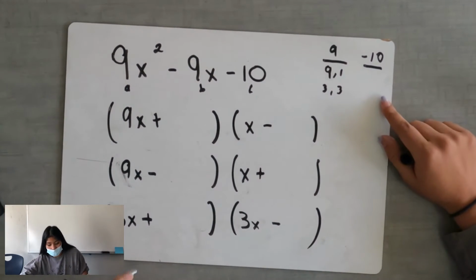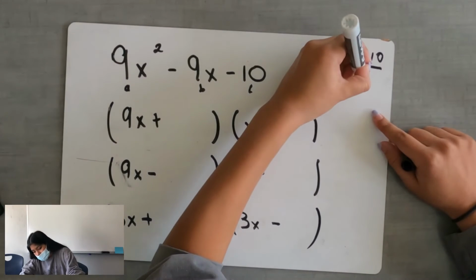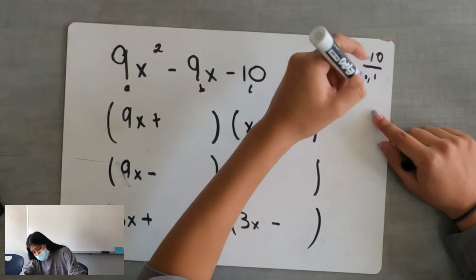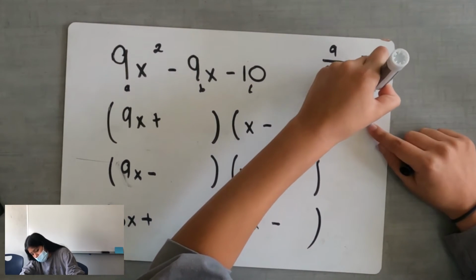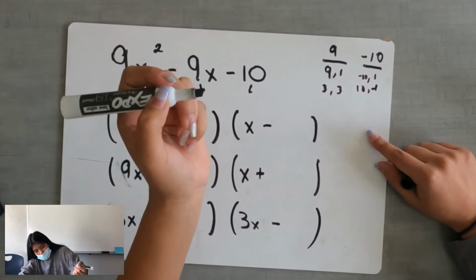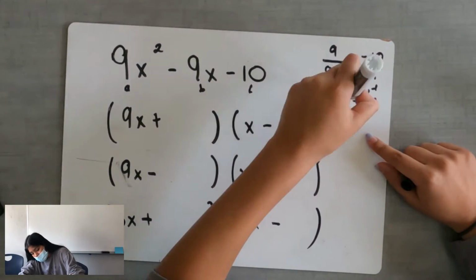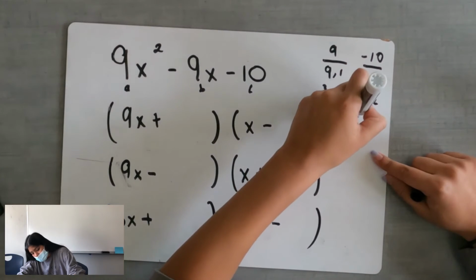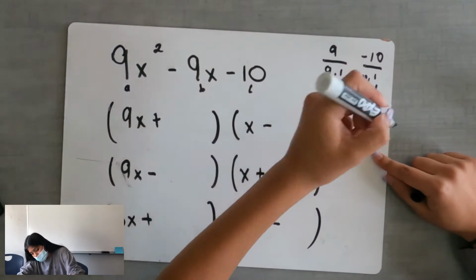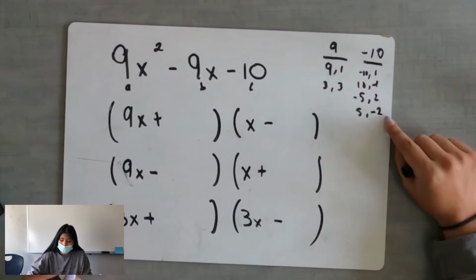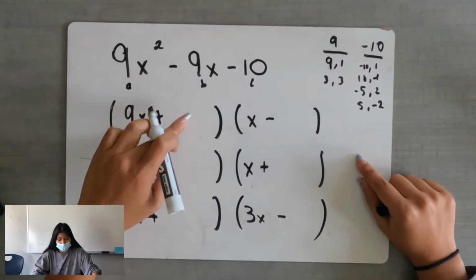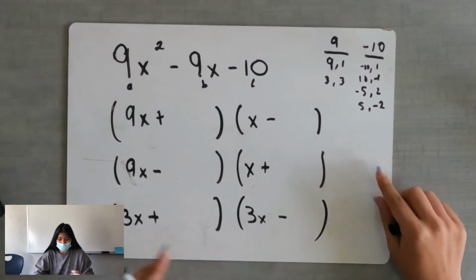And then the same thing with negative 10. Negative 10 times 1 equals negative 10. 10 times negative 1 equals negative 10. Negative 5 times 2 equals negative 10, and 5 times negative 2 equals negative 10. And so we're going to plug in each option into these empty spaces.